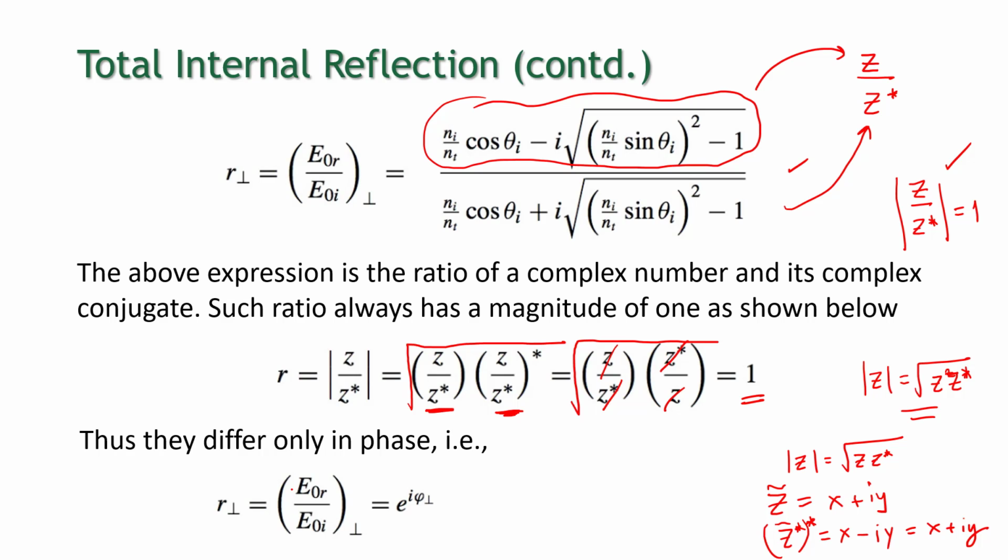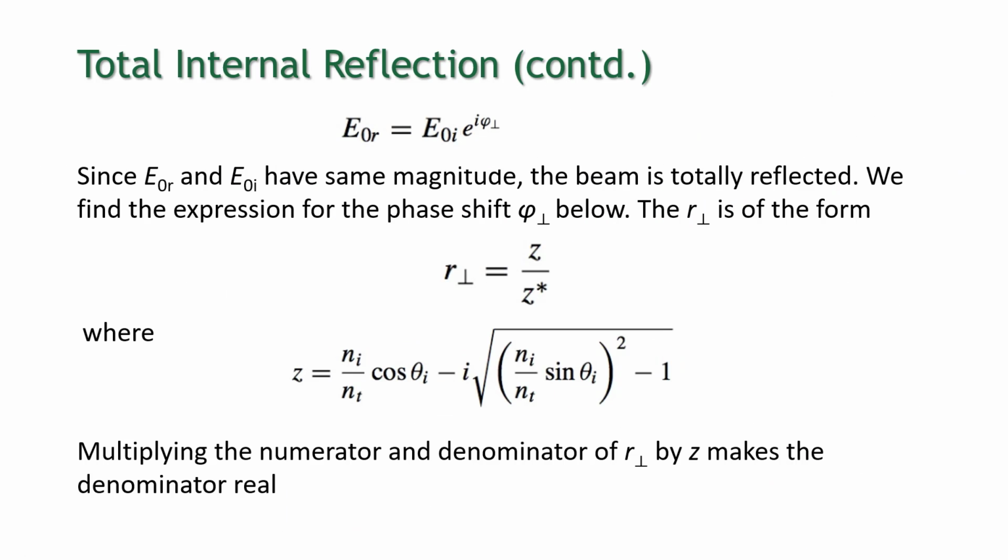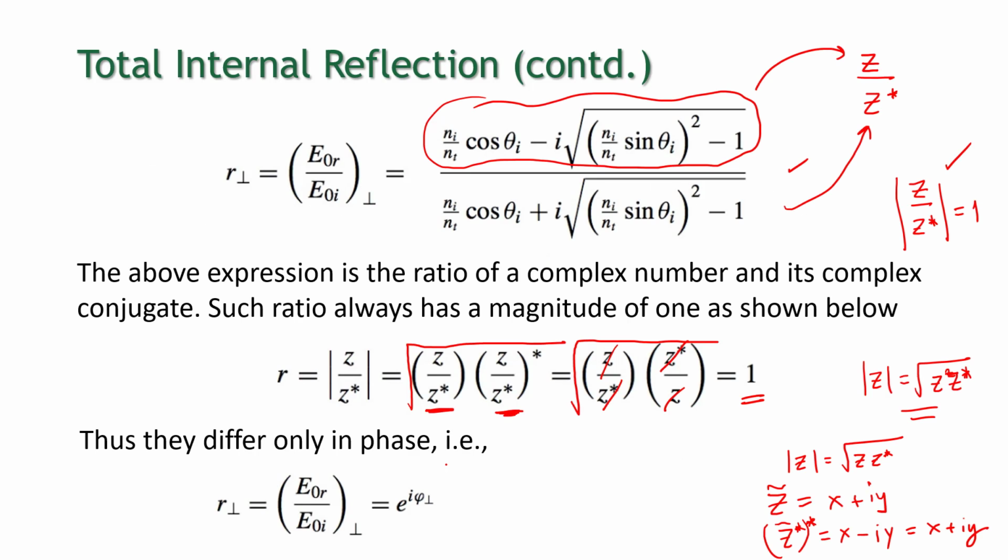But although the magnitude is 1, there is a difference in the terms in the numerator and denominator of this expression. When we know that r is E naught r over E naught i, the magnitude of that ratio is 1.